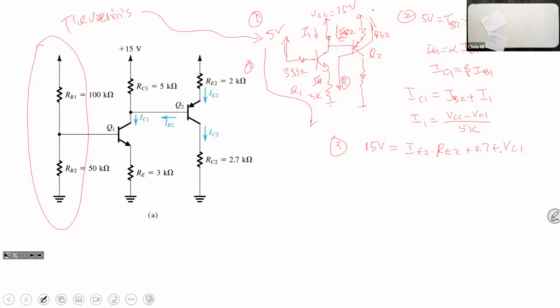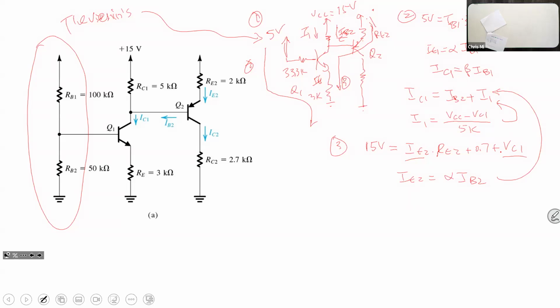So in this equation, we have two variables, IE2 and VC1. But we know that IE2 equals alpha times IB2. So from here, you can plug this one to here, and also this one to here, right? Of course, we know that IC1 is already solved.